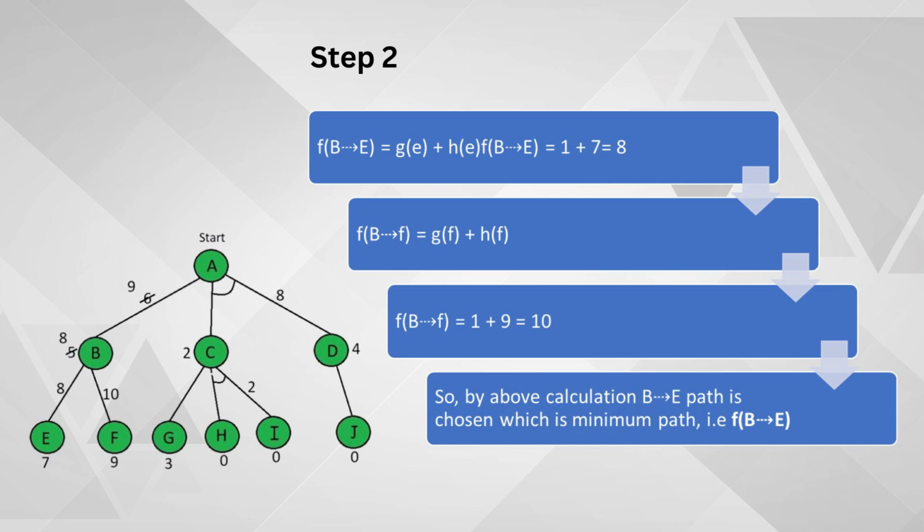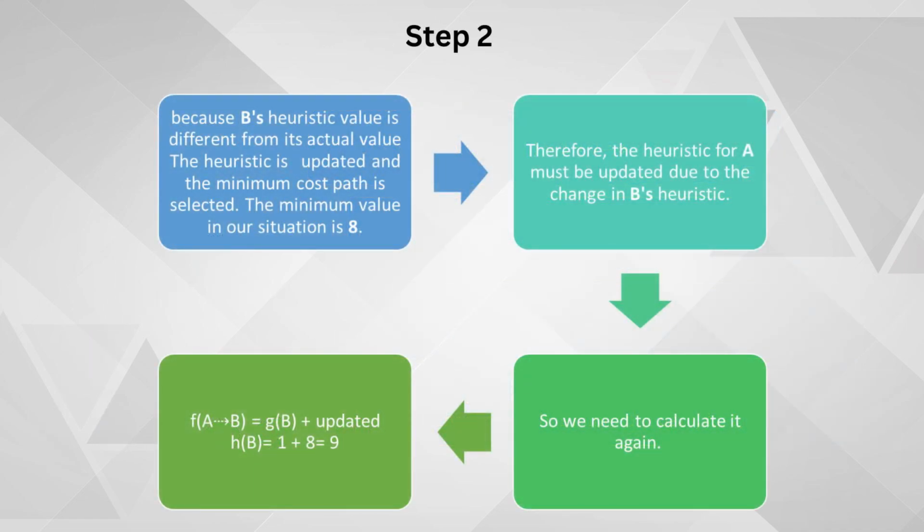By the above calculation, the B to E path is chosen, which is the minimum path, because B's heuristic value is different from its actual value. The heuristic is updated and the minimum cost path is selected. The minimum value in our situation is 8.